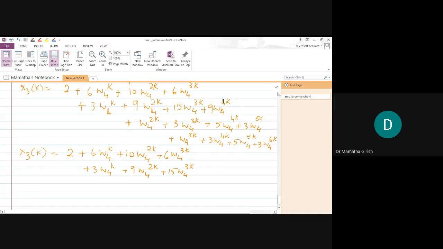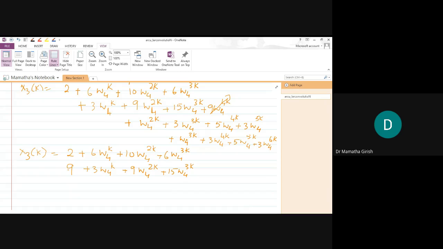It is always equal to 1, which is nothing but W4 to the power of 0 equal to 1. So this whole term tends to 1 into 9, which is 9. So I'll carry that 9 over here directly. Is it clear? W4 to the power of 4 is 1, 1 into 9 is 9.